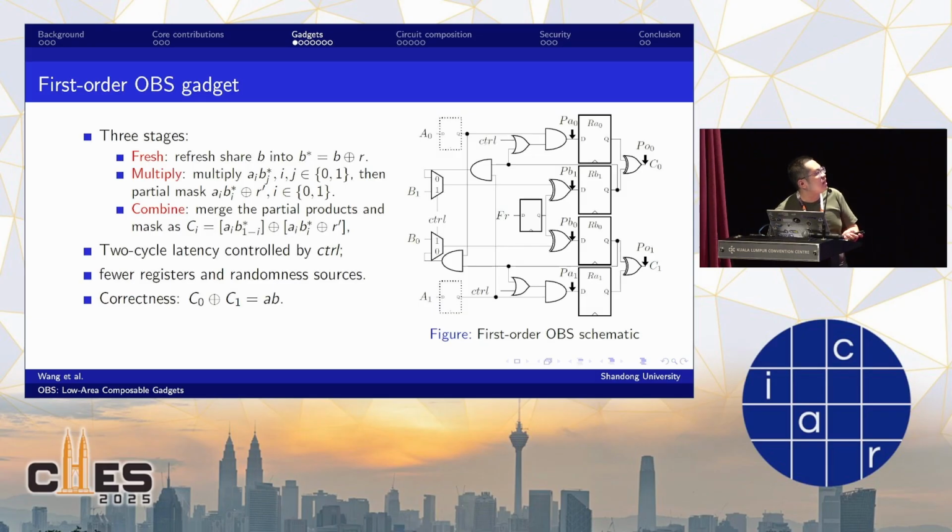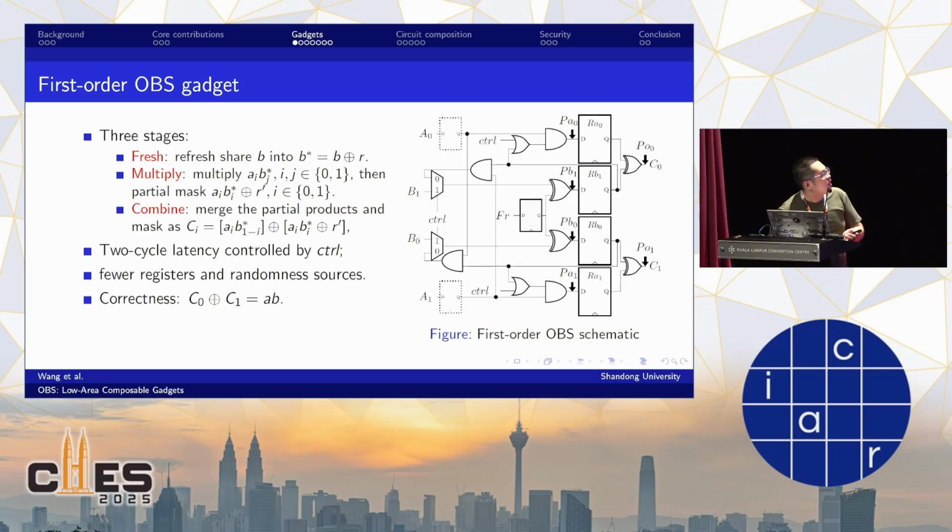In this circuit, not considering the elements, we need 4 registers for the gadgets and some other registers to derive the randomness. The register number is the same as the DOM scheme, which is also the area limit in our target.